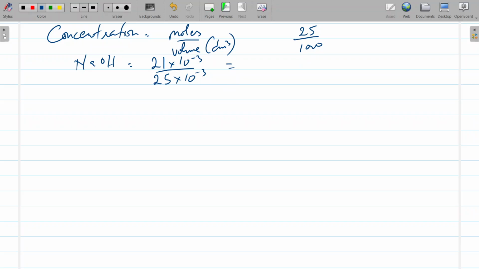And so what you get is 21 divided by 25, basically, because these two cancel out, and you get 0.84 mole per decimeter cube.